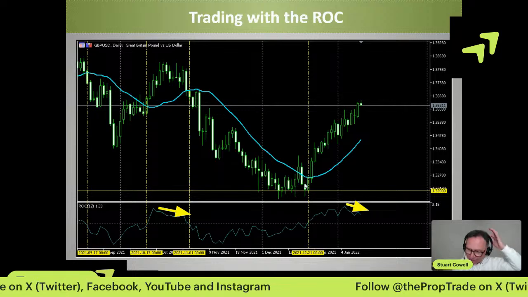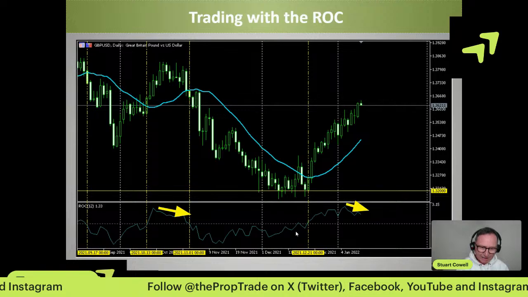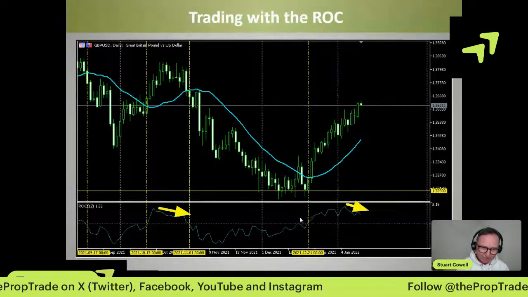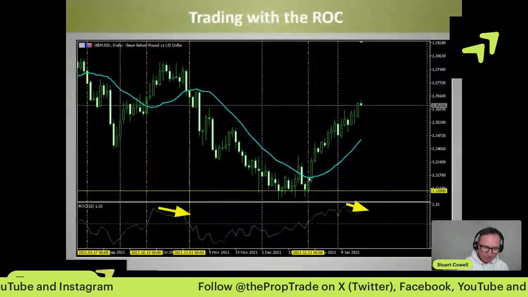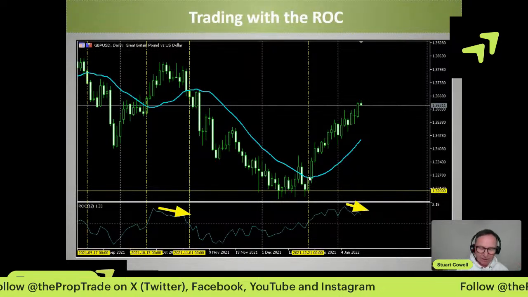So how helpful this would have been in this particular application, trying to catch that divergence, is, I would argue, questionable. And the simple break of the zero line has been a bit more successful in this case, as we've gone back in tandem.